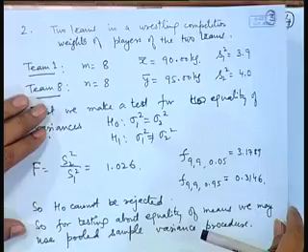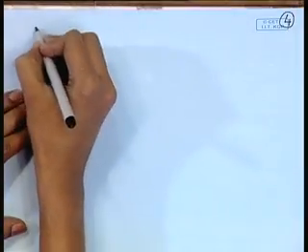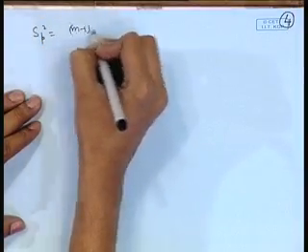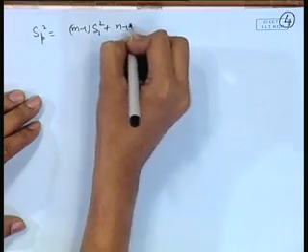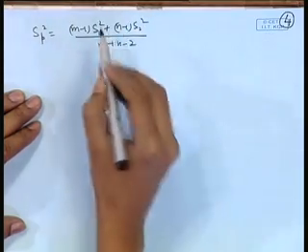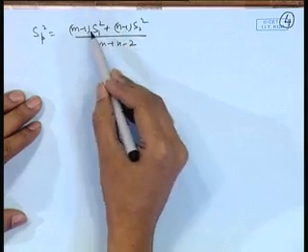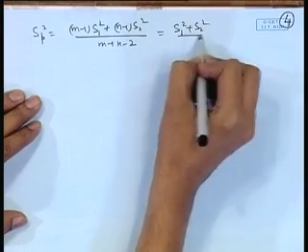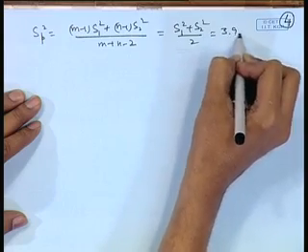If we apply that, we need to calculate SP square, that is here m minus 1 S1 square plus n minus 1 S2 square by m plus n minus 2. In this particular case, m and n are equal, therefore this becomes simply S1 square plus S2 square by 2, that is equal to 3.95.